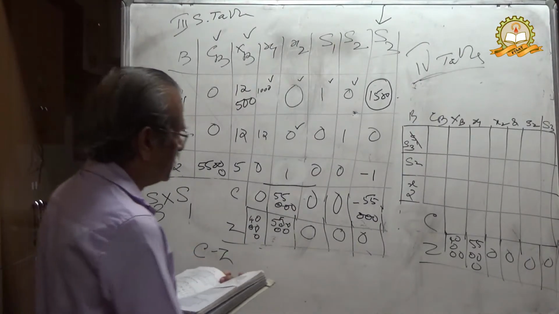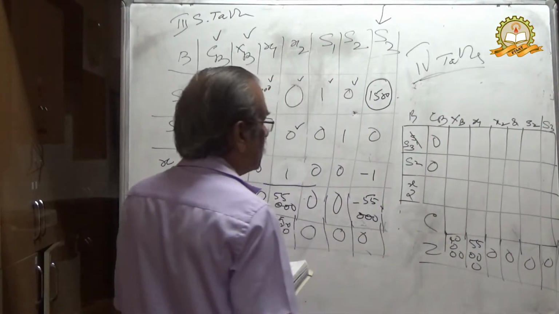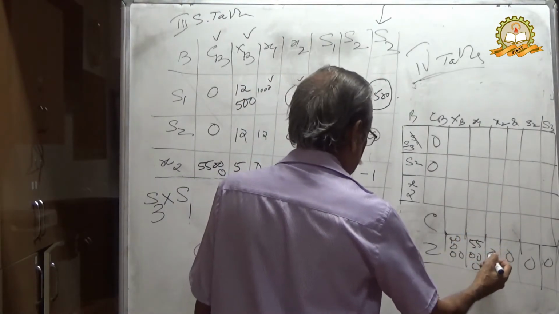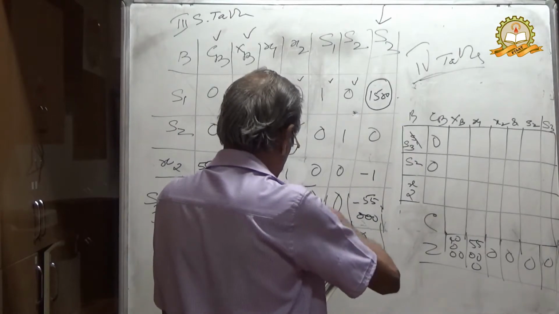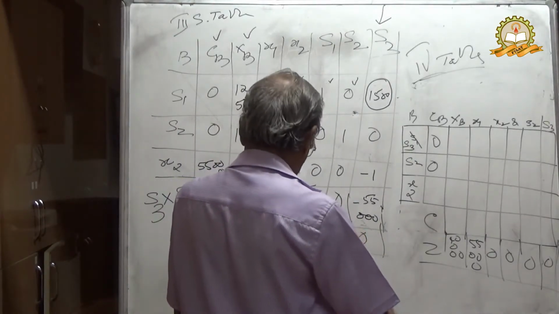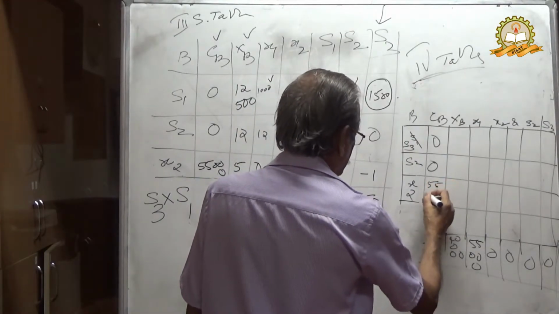Then S3 equal to 0, S2 equal to 0. Under X2 you have 55,000.